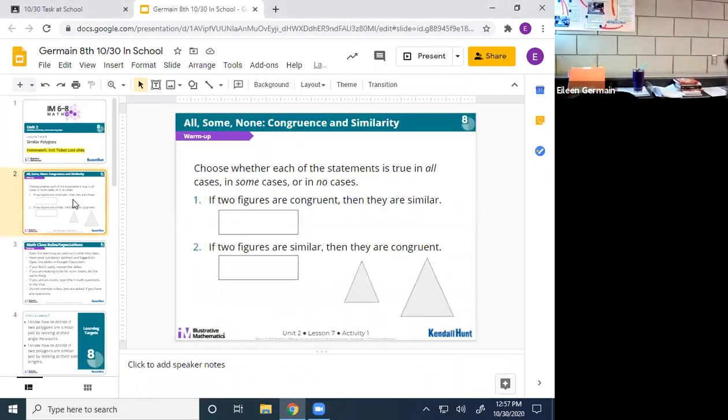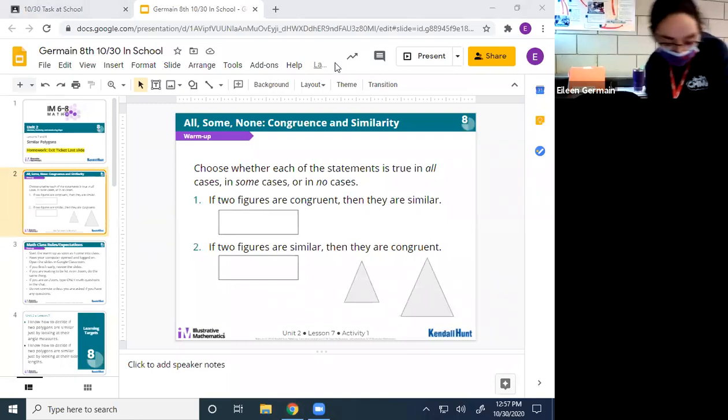So the warm-up for today, it's activity 1. Let me just find the clicker so I can unfreeze this guy. Come on, come on. There we go. So we can unfreeze this guy. Brando is here. Wonderful. And we're looking at this warm-up here.